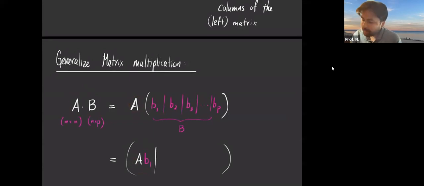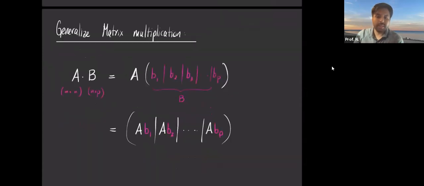And then the second column is the same idea, A, and then B2, all the way to A, BP. Again, it's just a visualization or a different understanding of matrix multiplication. When you have two matrices where the inner dimensions match up, you can perform multiplication.